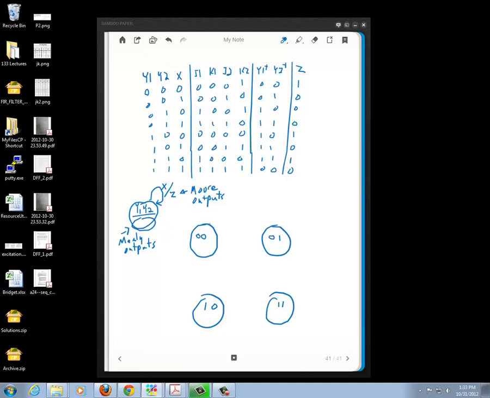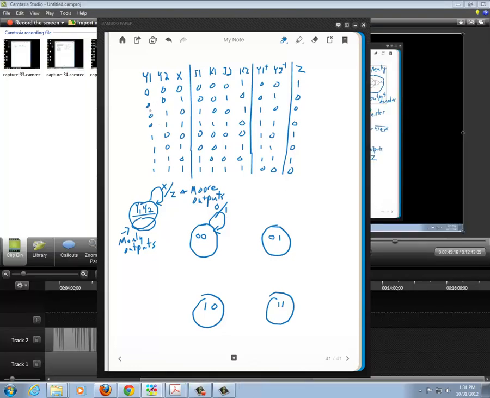So our transition from state 0, 0 back to itself happens when X is a 0, so we put 0 here on the top of the slash, and our output for that case, Z, is a 1. So we just filled out the first row of this table with this directional arrow. We're going from state 0, 0 back to state 0, 0 when the input is 0, and that gives us a Mealy output of a 1.